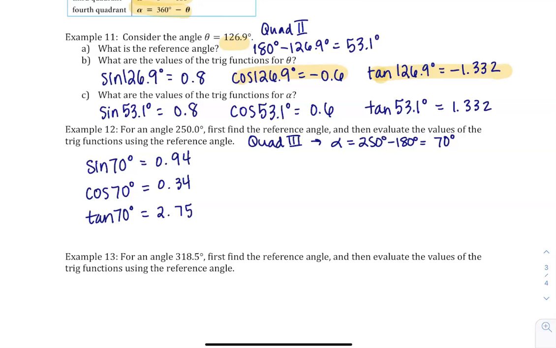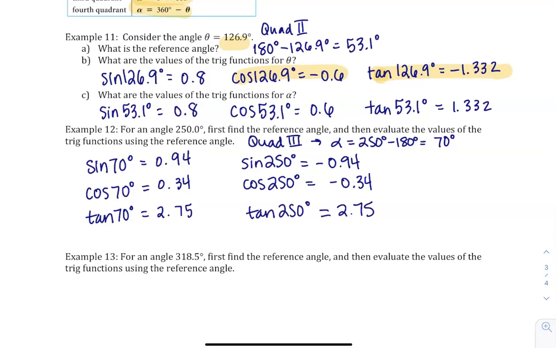But in quadrant 3, you should have a negative sine, a negative cosine, but a positive tangent. So sine of 250 degrees is going to be negative 0.94 without even putting this into the calculator. Cosine of 250 degrees is going to be negative 0.34. And tangent of 250 degrees will be positive since tangent is positive in the third quadrant.